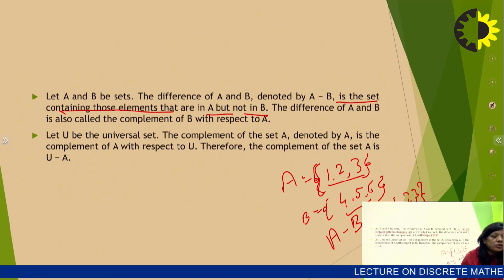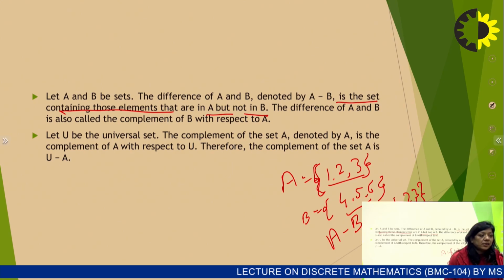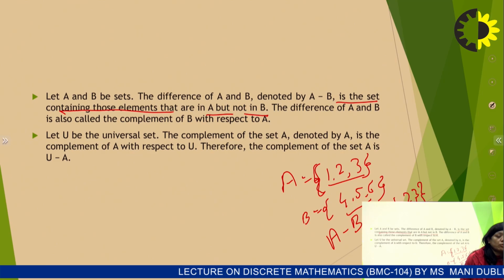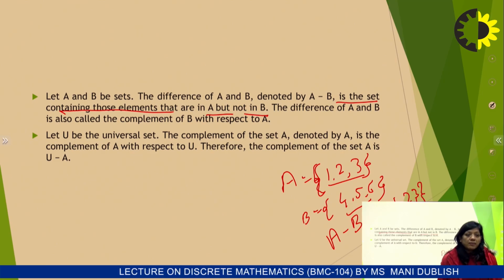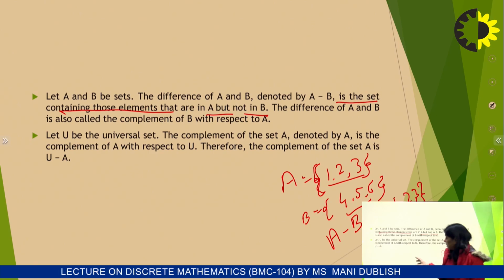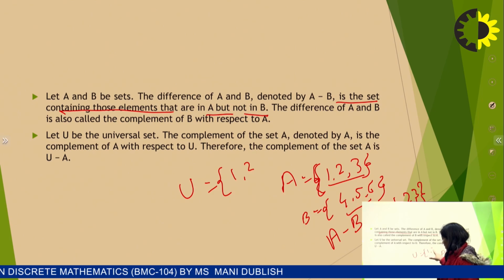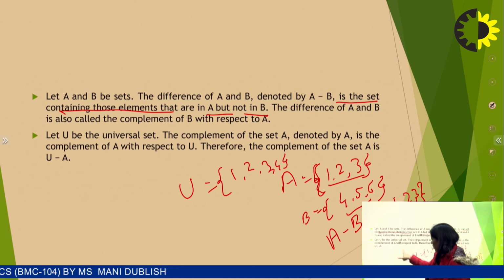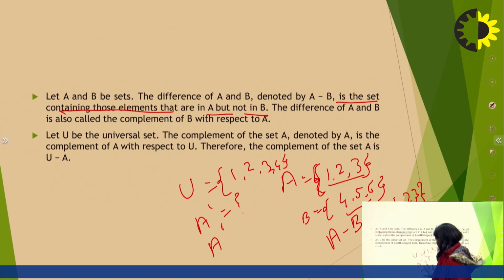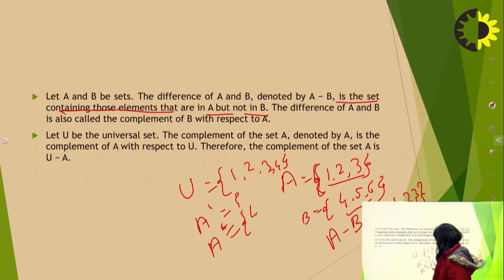Next, let U be the universal set. The complement of the set A, denoted by A-bar, is the complement of A with respect to U. Therefore, the complement of the set A is U minus A. Means we have a universal set. Suppose I have taken elements in the universal set U = {1, 2, 3, 4}. The complement of A we have to find out, and A = {4, 5, 6}.